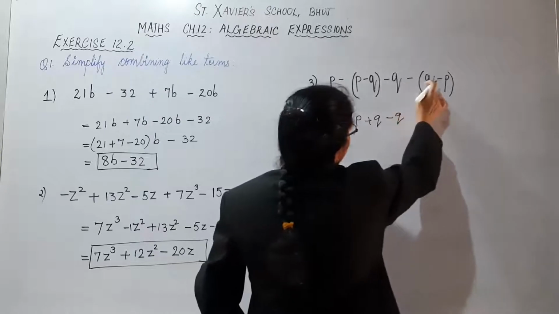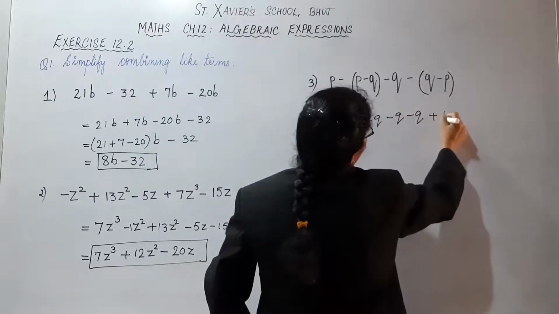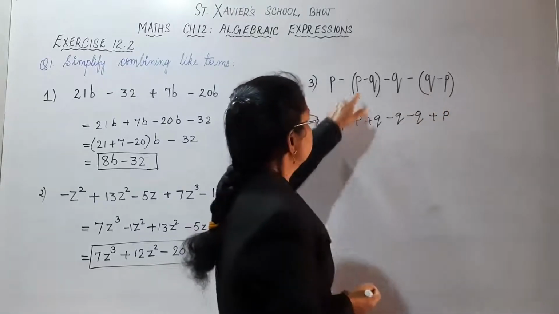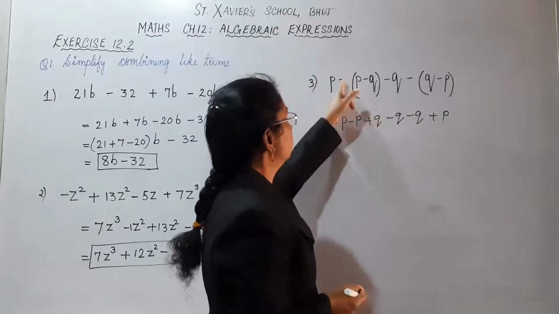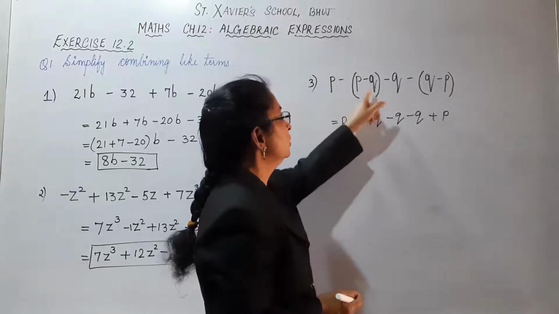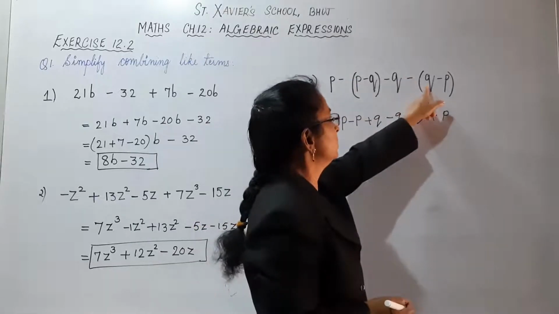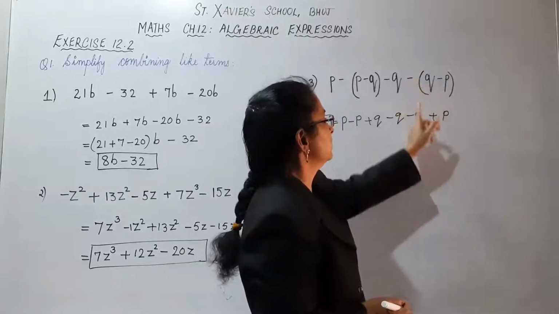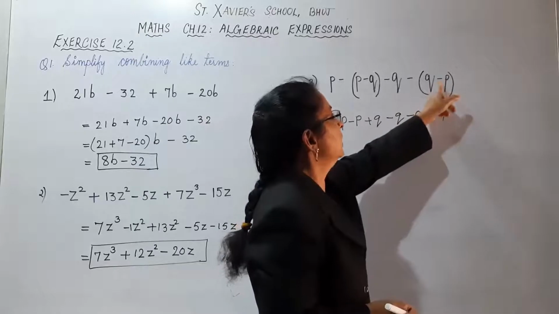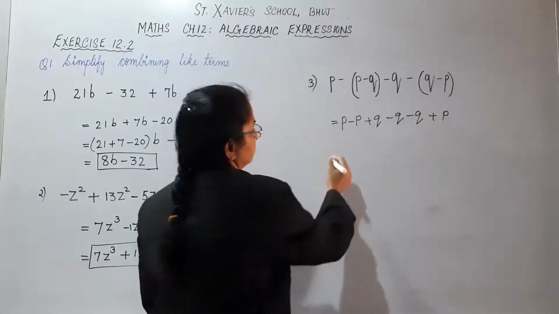Then minus into Q becomes minus Q. Minus into minus becomes plus P. Here Q is positive. When we multiply by a negative sign, it becomes negative, and negative becomes positive. Now it is clear. Now bring the like terms.